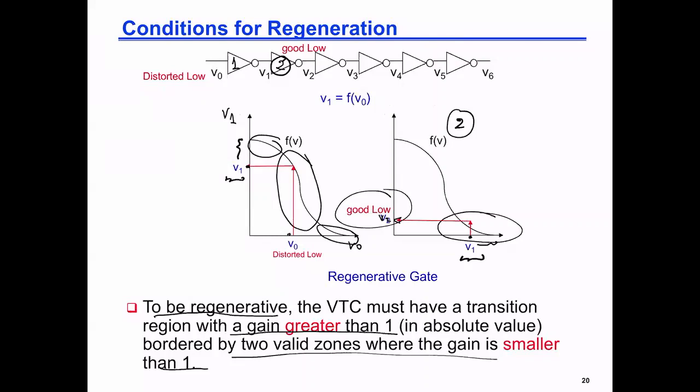The small slope here allows them all to be very low, and the transition region allows me to take a logic 0 into a decent high, even if it is distorted. So what we really need to take from this slide is that I need two low gain regions and in between them a high gain region. This is what matters for the regenerative property.